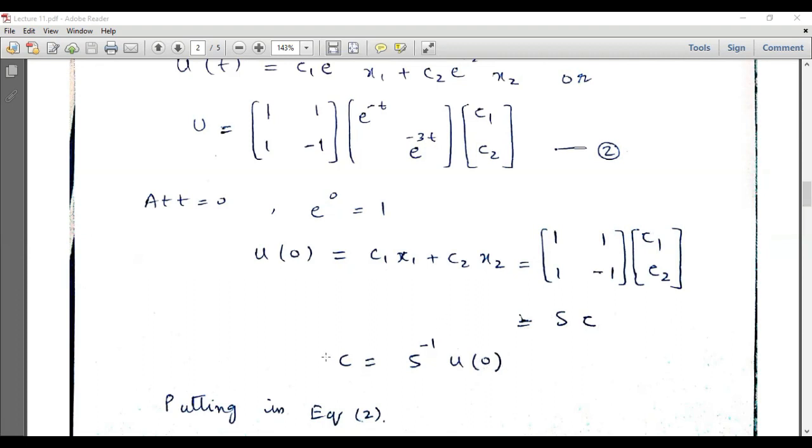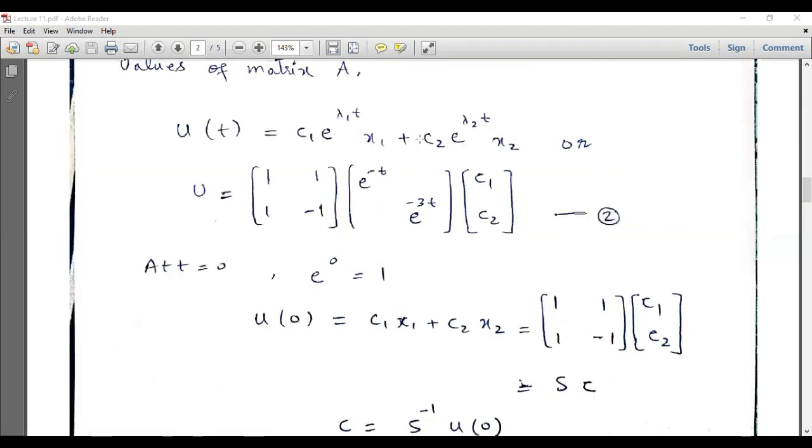So we can substitute this value of C in this equation, which is equation 2. And in this equation 2, we have actually represented this solution in the matrix form. So this is our c1, this is our c2. They are written in the column vector, and e^(λ1 t), e^(λ2 t) are written as the diagonal entries of this matrix, right?